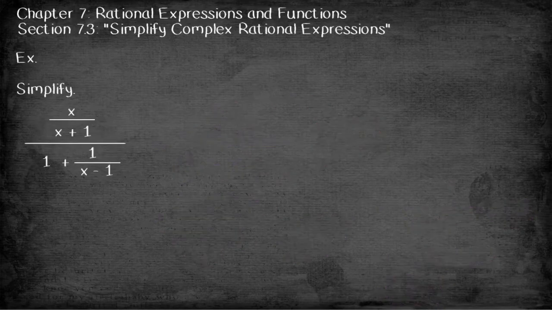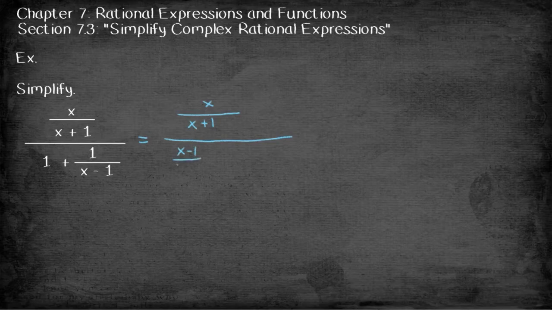All right, one more. So here we have something. I'm going to show you another option of something that you can do. So what happens if I try to add the two expressions on the bottom together? Well, I need a common denominator, which would be x minus 1.